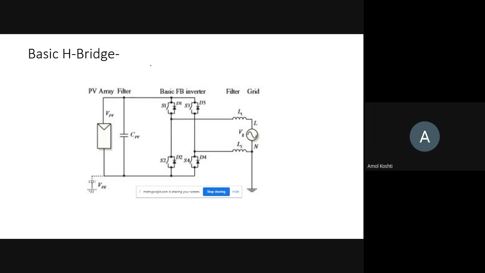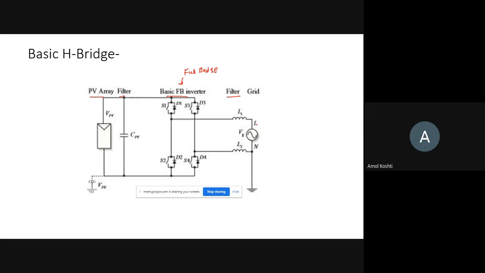Here we first need the PV. Then we need a filter to filter out the unwanted part of the DC. After the filter we have the basic FB inverter, where full bridge is abbreviated as FB. Then after the bridge there is again a filter circuit to filter out the unwanted part of the AC, and then we feed directly to the grid.